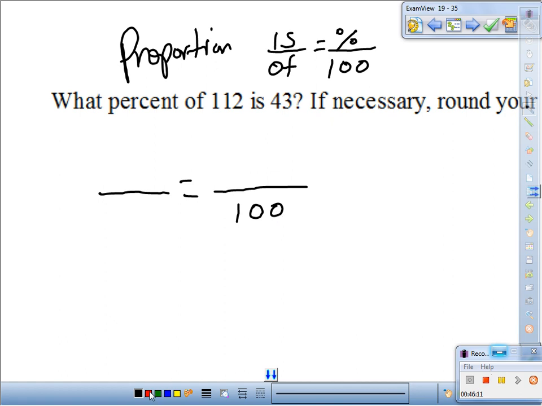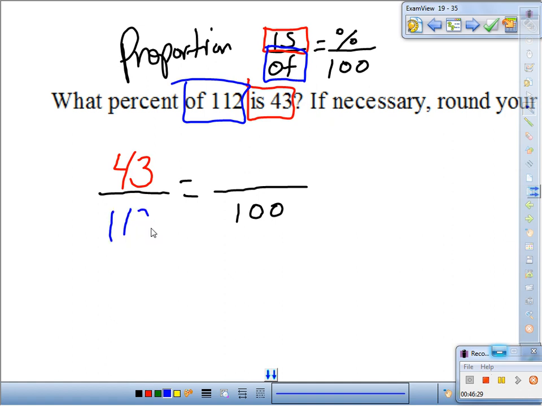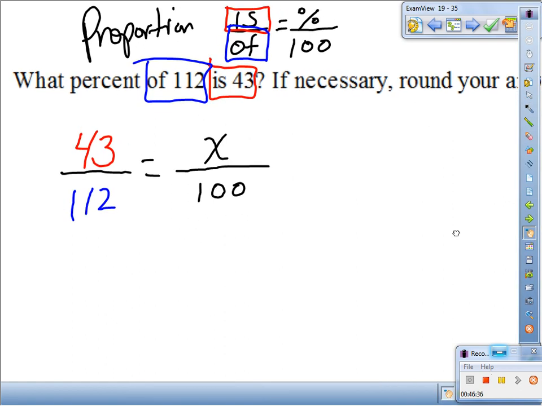All right, let's see. I'm going to start with the is. Where does the is go? On top. And do they give us the is? Yes, that's 43. What is the of? The of is 112. All right, that leaves us here with the x for the percent. And once again, what does that look like? A proportion.